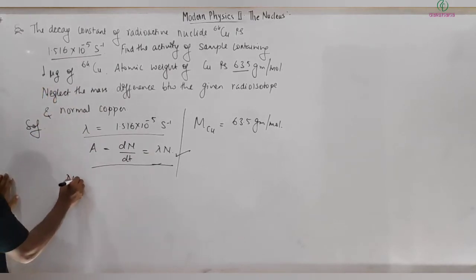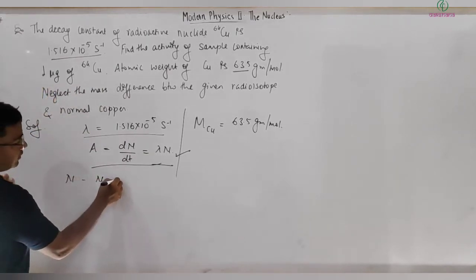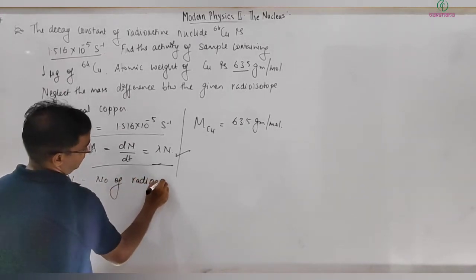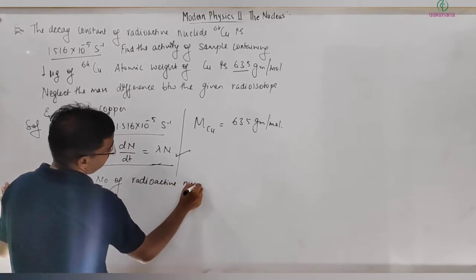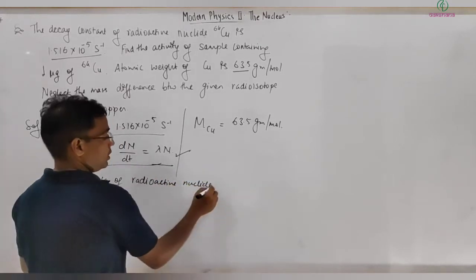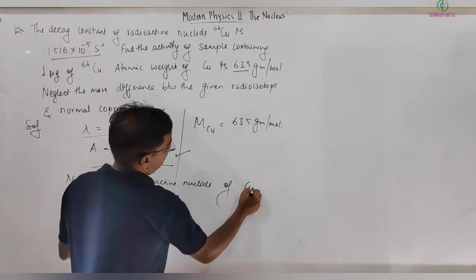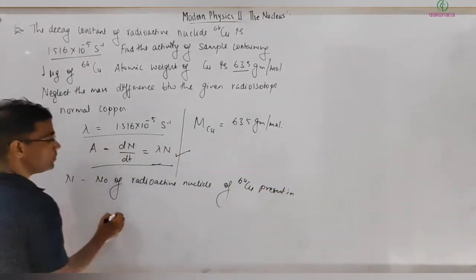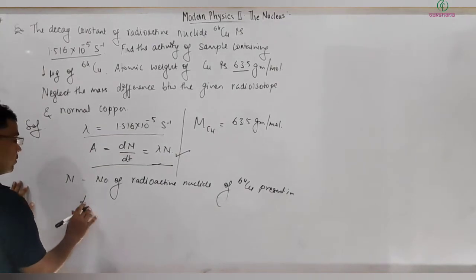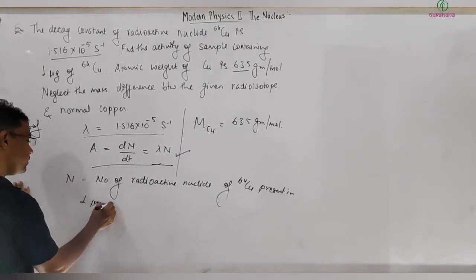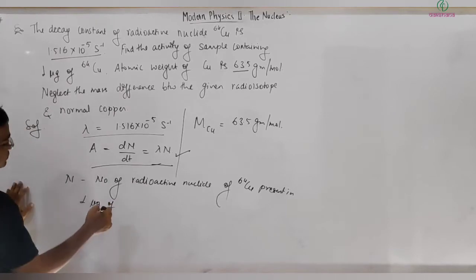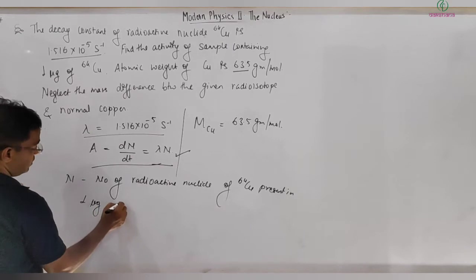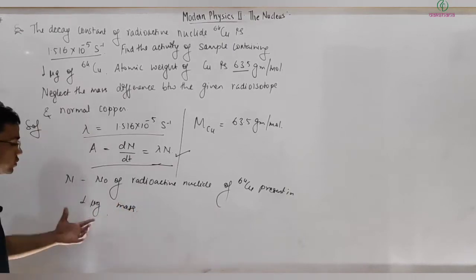So we need to find first N, that is the number of radioactive nuclei of copper 64 present in 1 microgram mass. Right? So we can calculate this N.